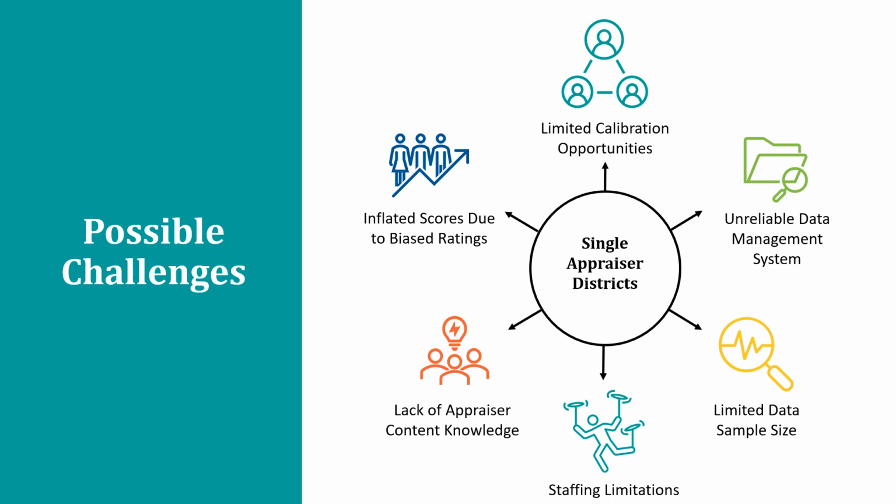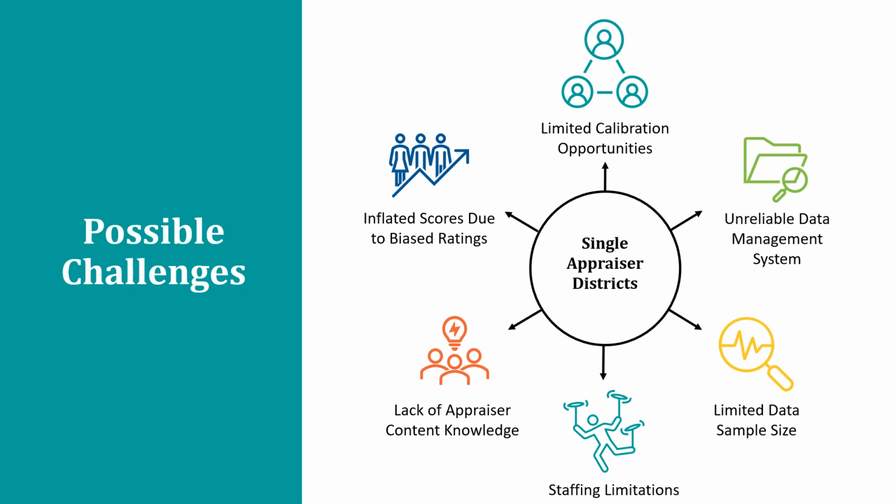The vast spread of knowledge appraisers in a single campus district must attain can often pose a challenge. Appraisers in these situations must acquire knowledge for each content area from K through 12 in some instances. Unintentional inflated scores due to biased ratings have also been identified as a challenge by single appraiser districts.